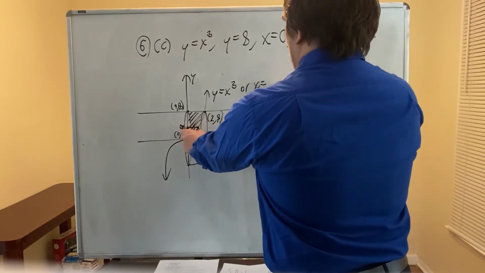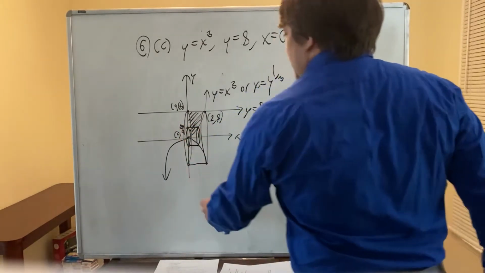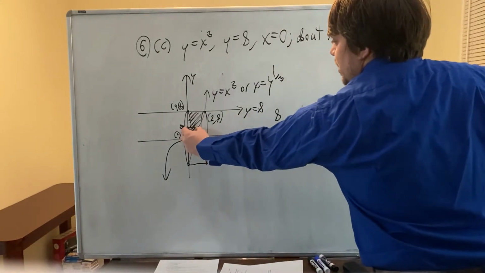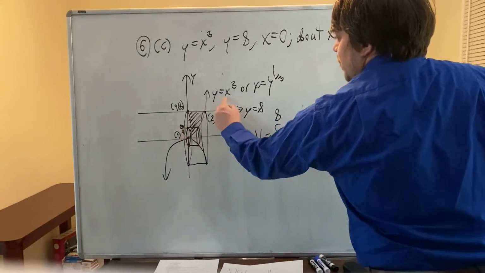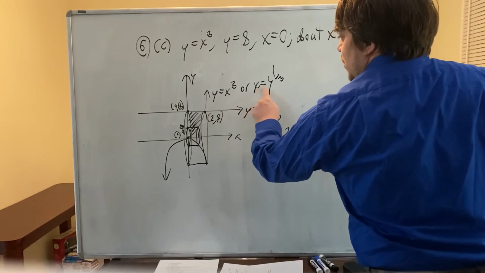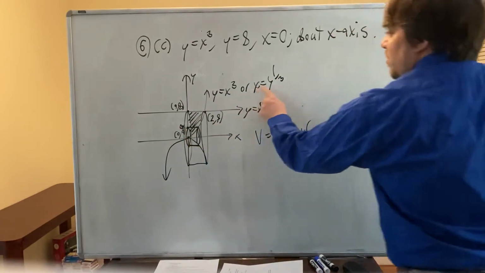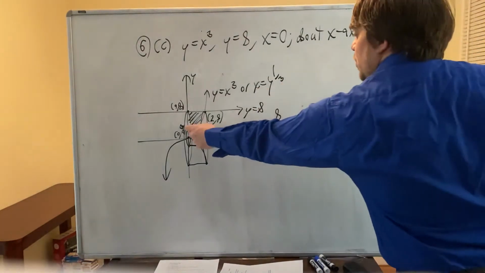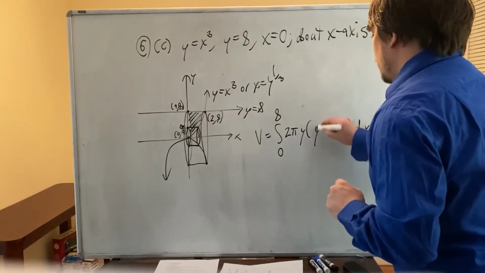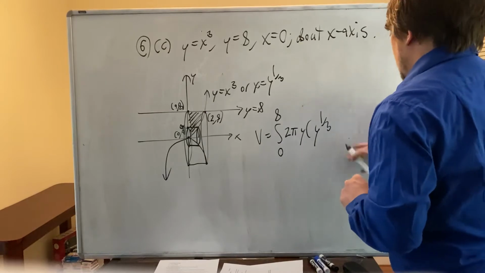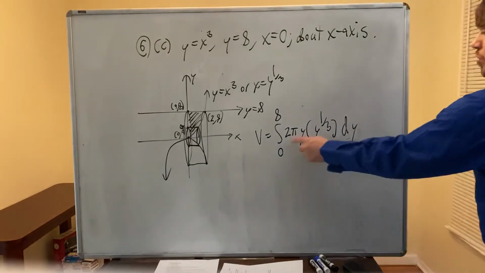The x value is equal to y to the 1/3. So this length is the x coordinate of y equals x cubed. Solving for x, you get x equals y to the 1/3. So we want the x coordinate in terms of y, which is y to the 1/3 dy. So it's 2 pi r h.